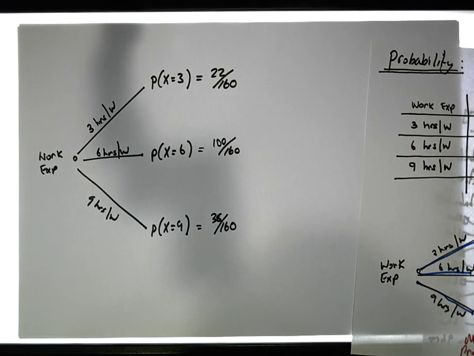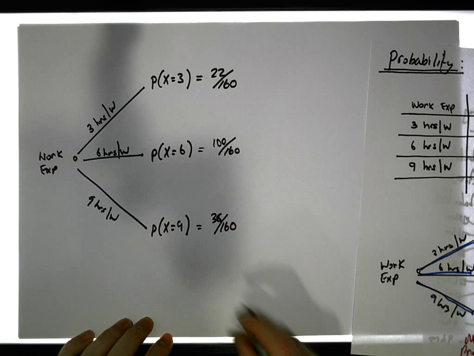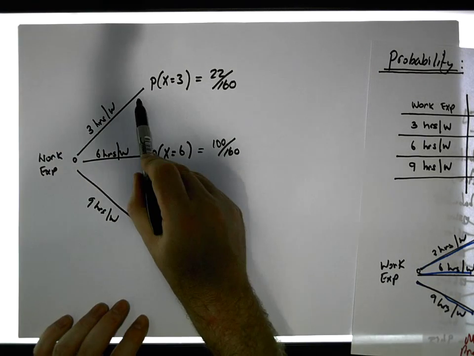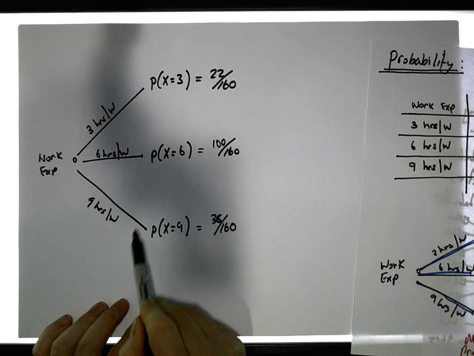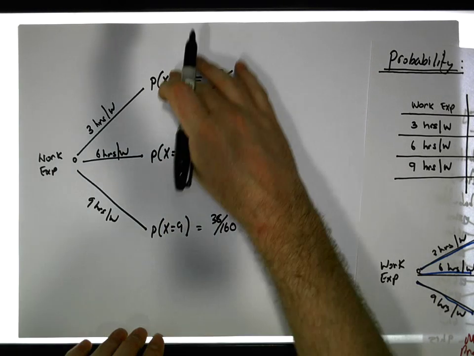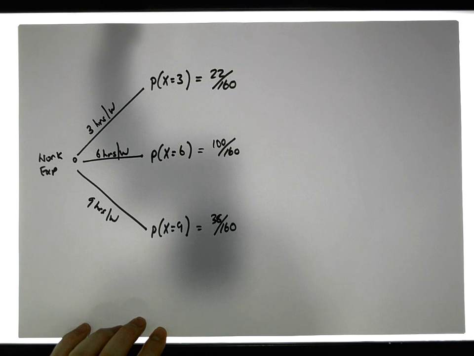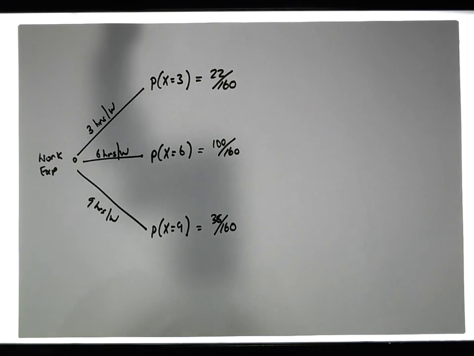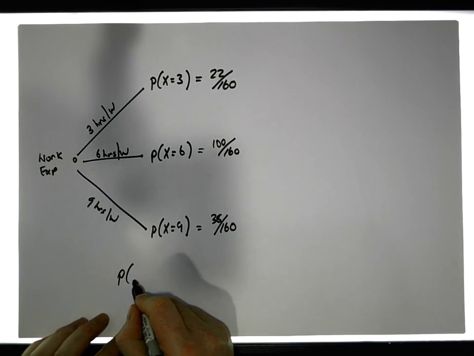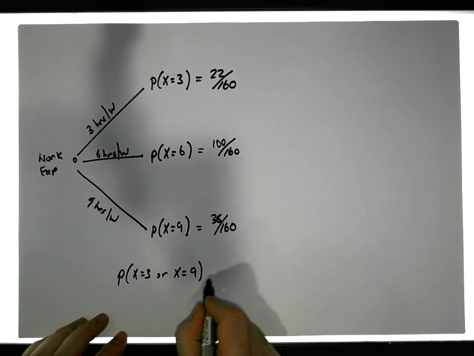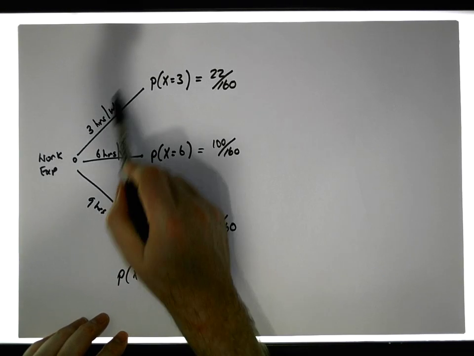And now we could actually have a look at these marginal probabilities. They're mutually exclusive as well. You either do this amount or this amount or this amount. There's no overlap. So we can look at the probability that the person does 3 hours or the person does 9 hours. Well, you're either on this branch or this branch.